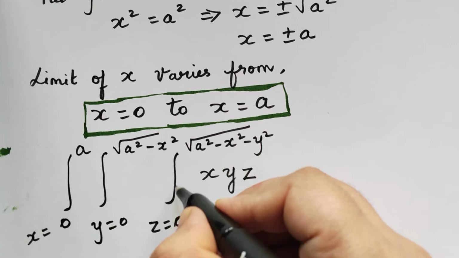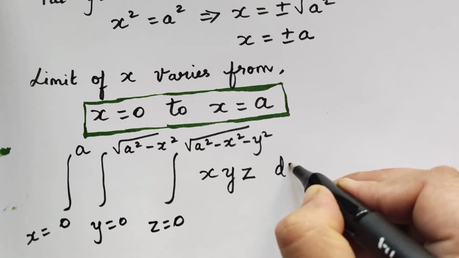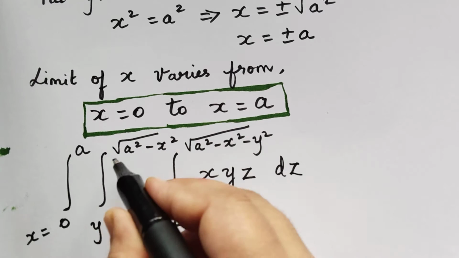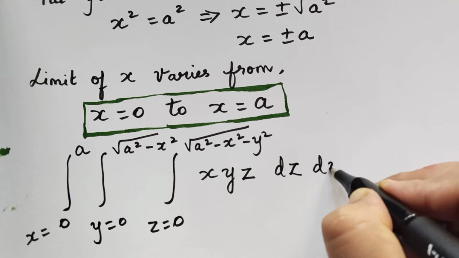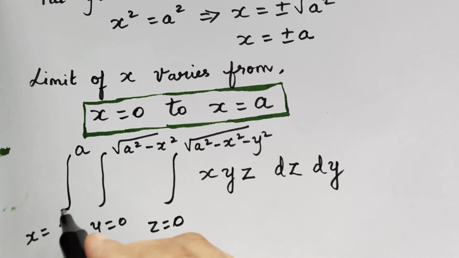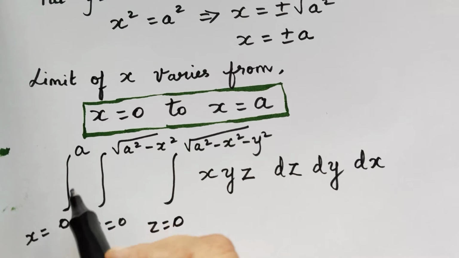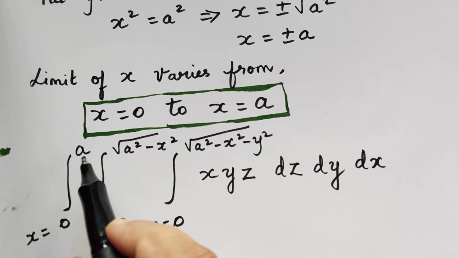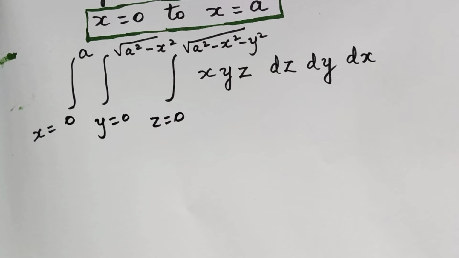Since the inner integral is with respect to z, we have to first integrate with respect to z, then with respect to y, and after that, at last, with respect to x, as the limit of the outer integral is with respect to x. So this is the integral that we have to evaluate.